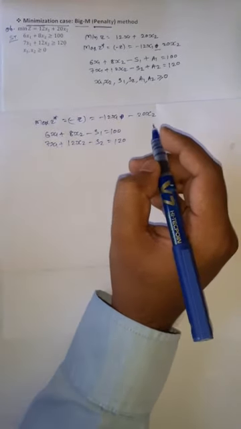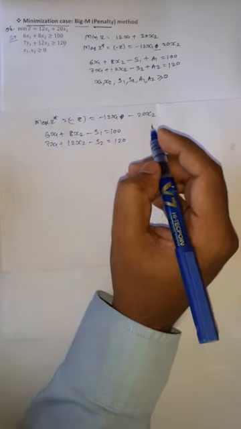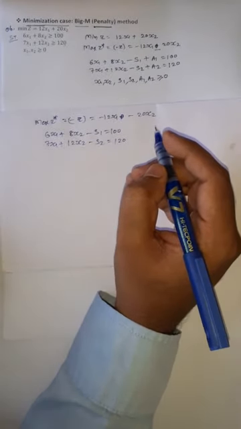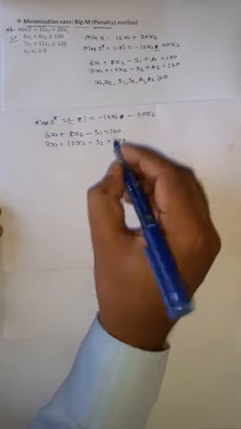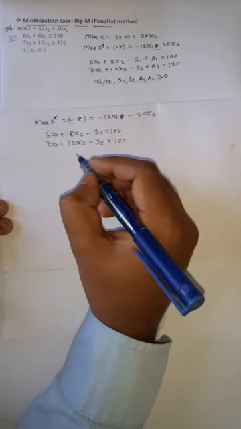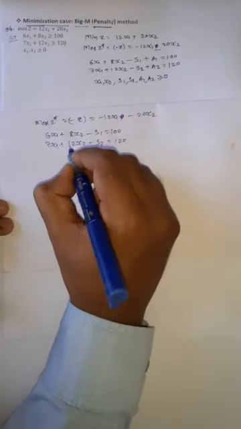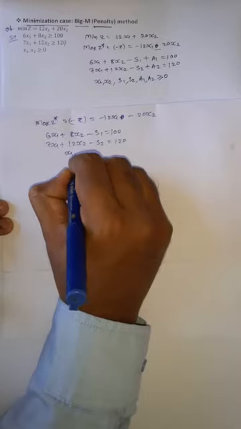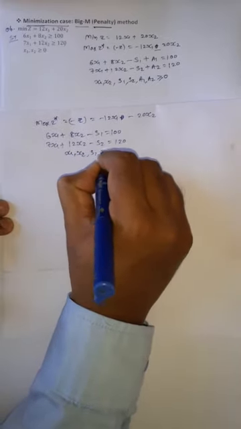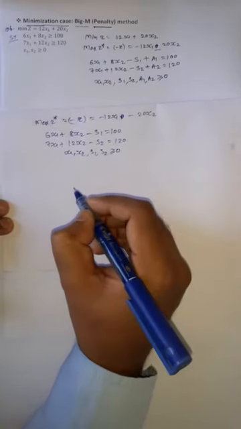This is just a hypothetical case, but we are going to learn what problem is created if we do not add artificial variables. Here x1, x2, s1, s2 are all greater than or equal to 0.